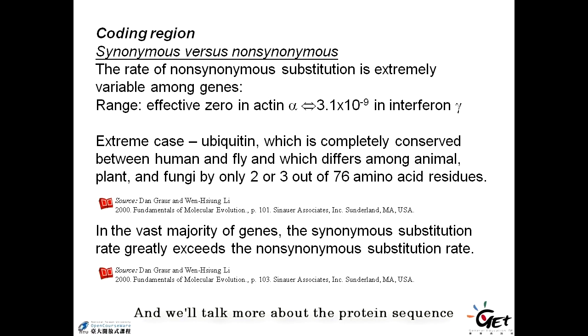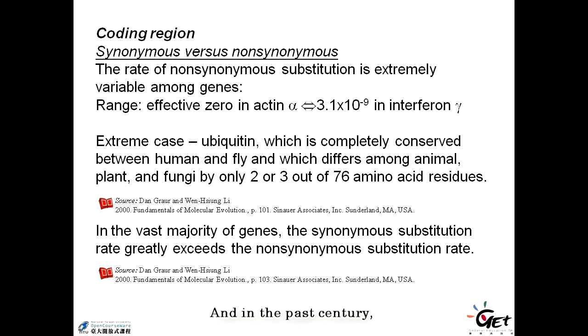We'll talk more about protein sequence differences, but I think most of us have some idea from my previous lecture. In a lot of cases when we compare sequences, why do we like to look at coding sequences? Because we know the properties, and we understand proteins much better.